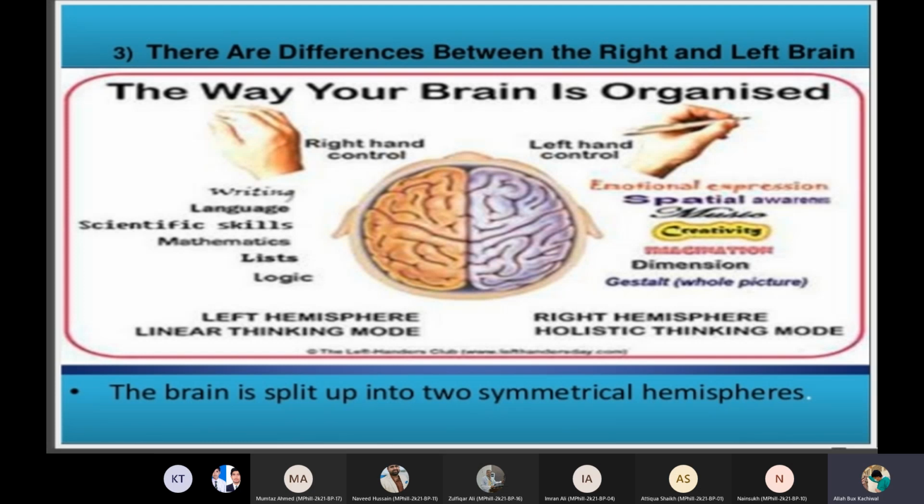So the left hemisphere is artistic, it's logical, it's intelligent, whereas the right hemisphere is a holistic thinking mode, which is a creator, which is a dimension, which is artistic, and that gives you an artistic character if the right hemisphere has good neurons and good control.